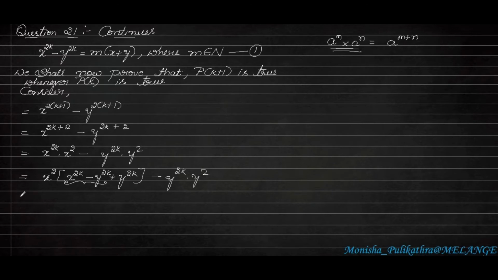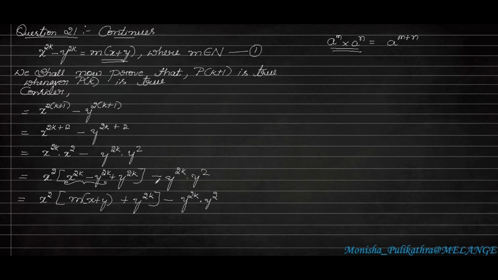Right. So here x square. In the place of x to the power of 2k minus y to the power of 2k, we can substitute m into x plus y because that is equation 1. So m into x plus y to the power of 2k as it is, minus y to the power of 2k into y square.